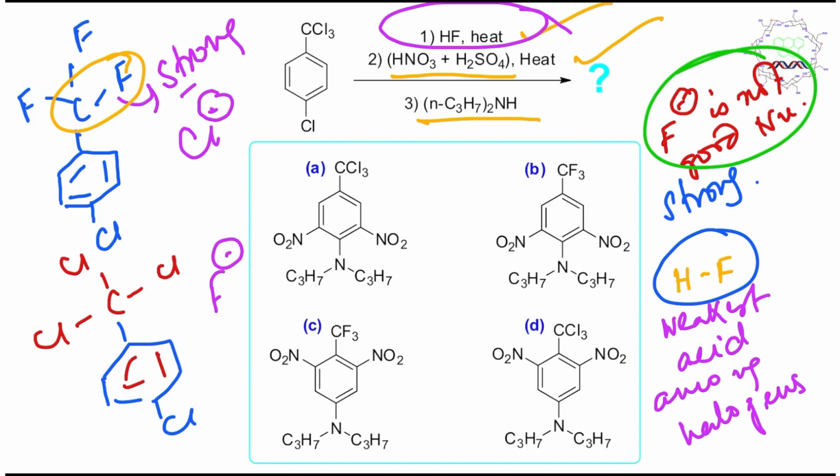Now you can think, sir, if it is possible, then why is this carbon-chlorine not substituted? This is because this Ar-Cl has some partial double bond character. Why? Because the lone pair could be donated, it could be in resonance, so it could not be replaced that easily.